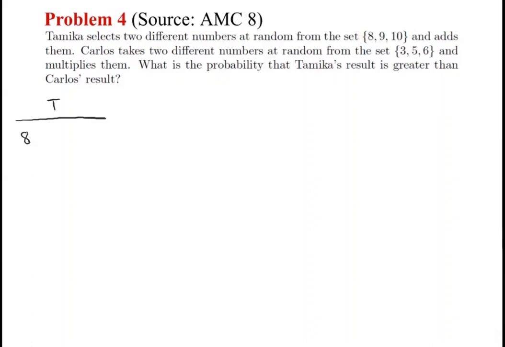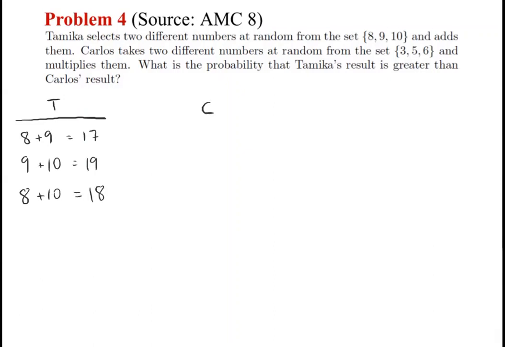So Tamika can select 8 and 9. She'll add them together and that will give her 17. She can do 9 and 10, which will give her 19. And she can do 8 and 10, and that will give her 18.